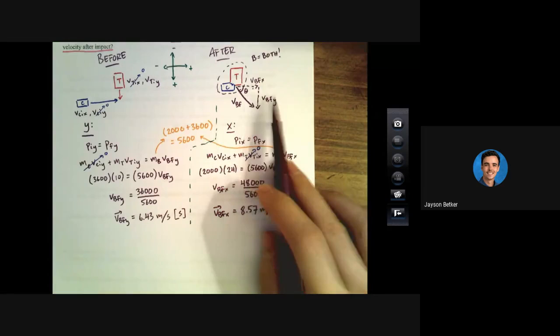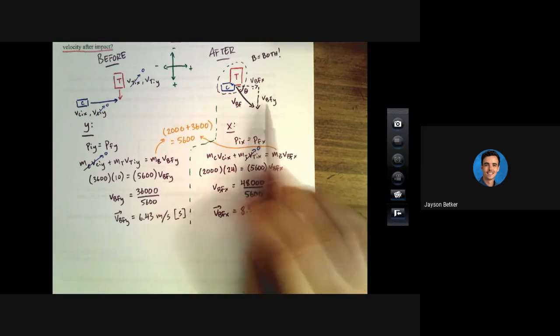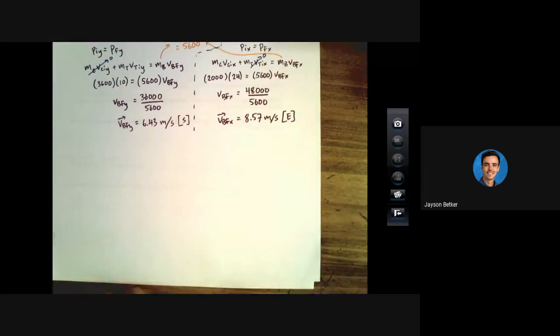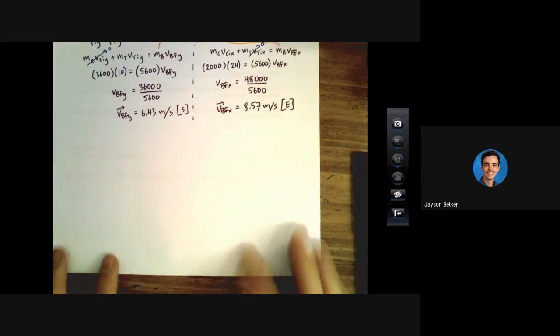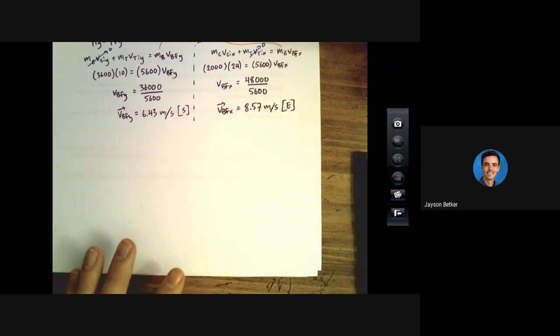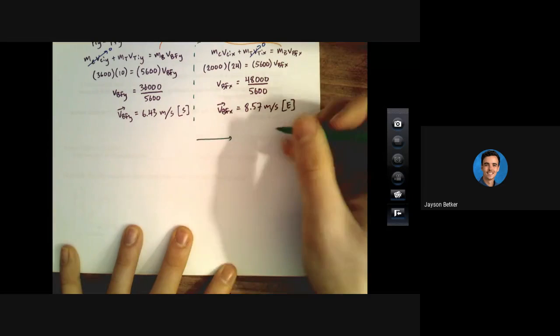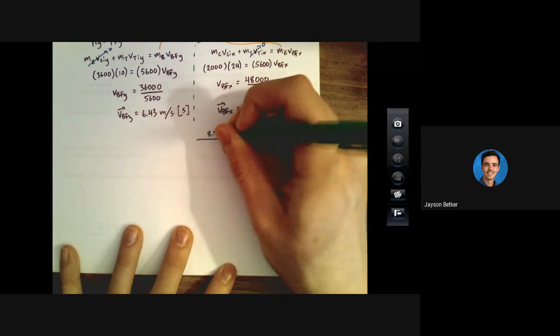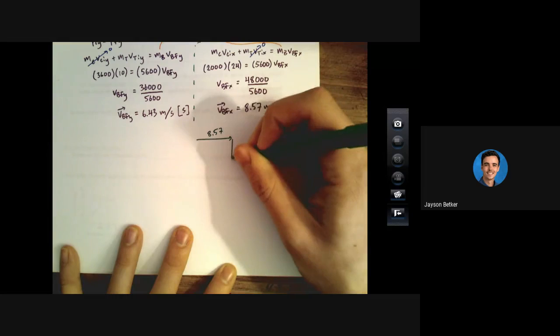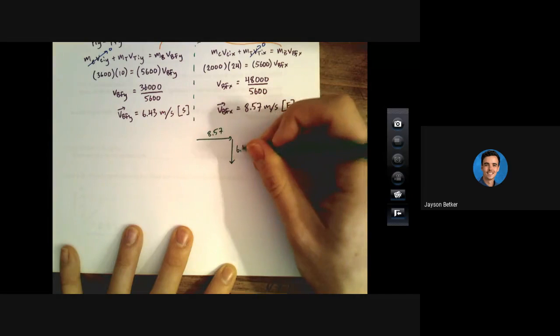So now what I have is both the x and the y components of these two. So what I've basically made here is another triangle. I've made a triangle like this, where we've got 8.57 and then south of 6.43.